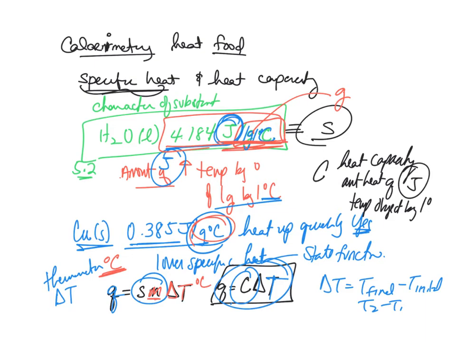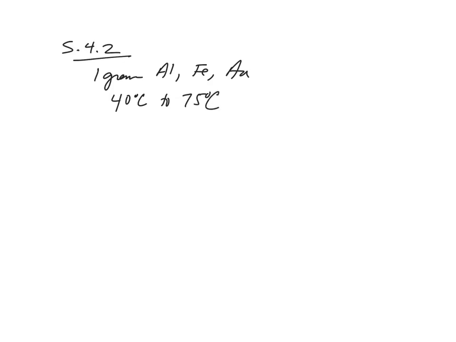So let's just look at a few types of questions I will ask on this. So let's look at 5.4.2. A 1 gram sample of aluminum, iron, and gold are all heated from 40 degrees Celsius to 75 degrees Celsius. Arrange the metals in order of increasing amount of heat absorbed in the process.